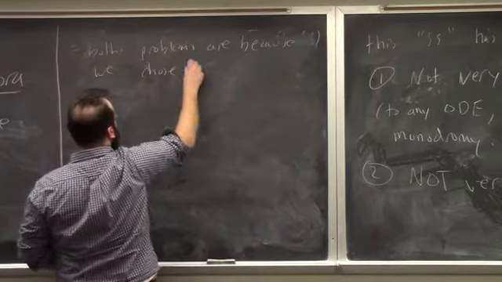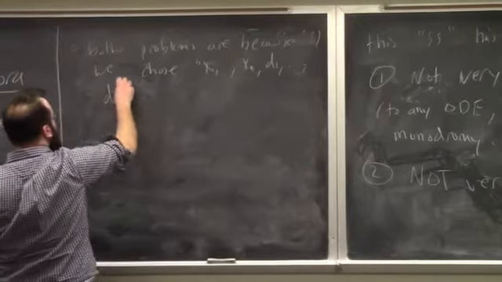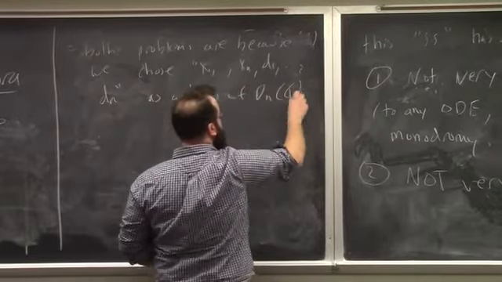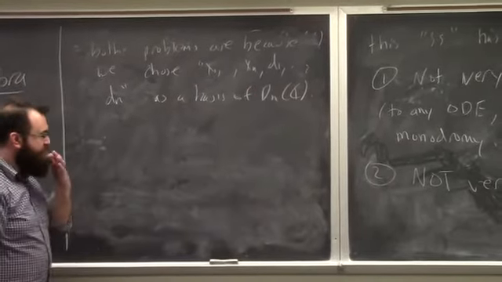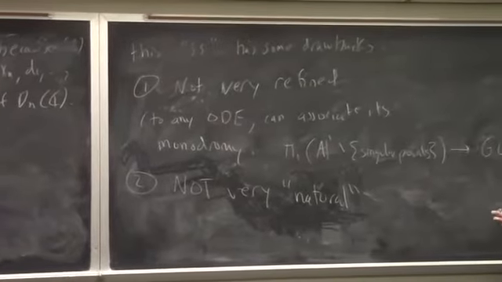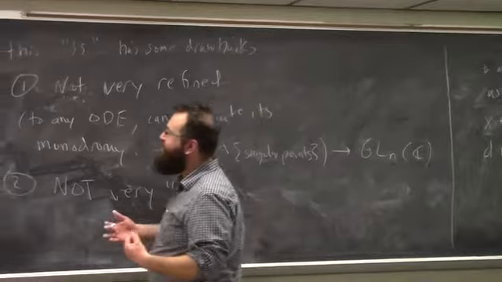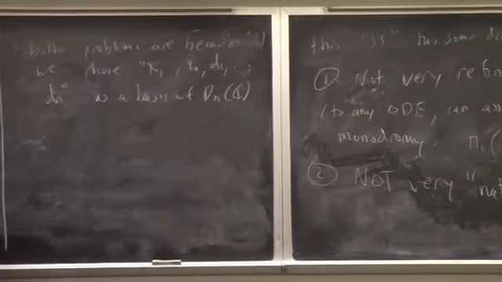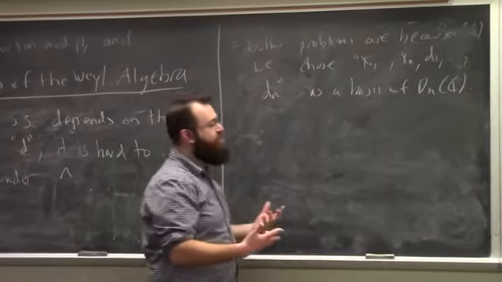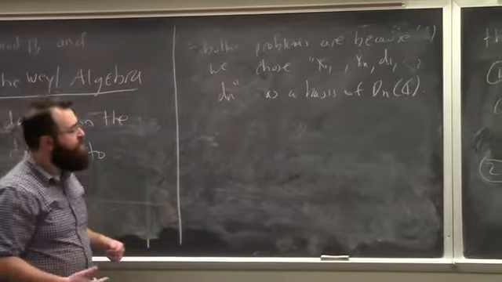We chose x1, ..., xn, d1, ..., dn as a basis of this algebra Dn. In both cases, the module, of course, is the module, regardless of in what basis you compute the action. That's just a general principle. But any invariant that you make up, which depends on choosing a particular basis and how it acts, is automatically not going to be a very refined or natural thing. It's going to naturally lack a lot of power.